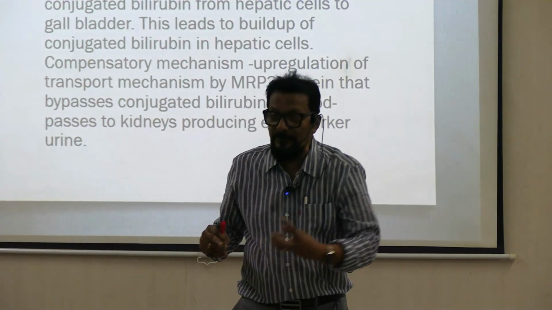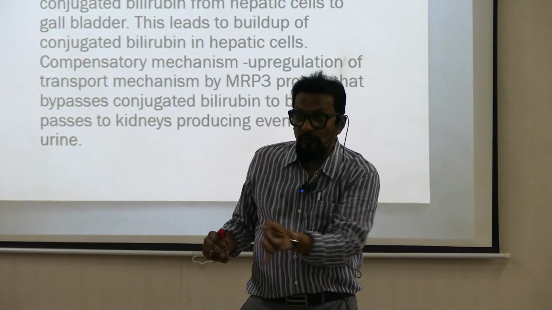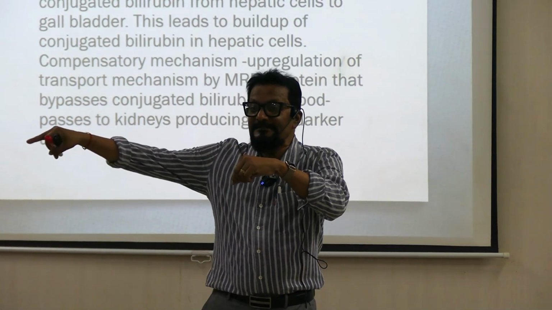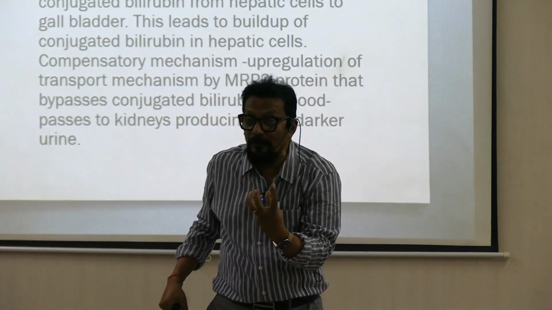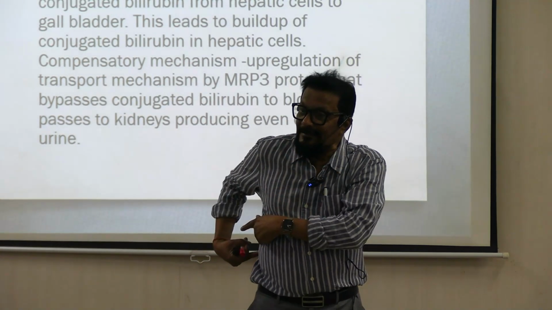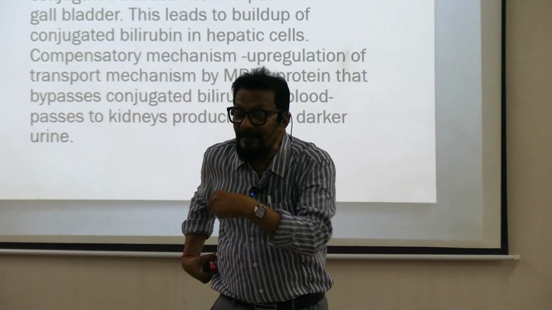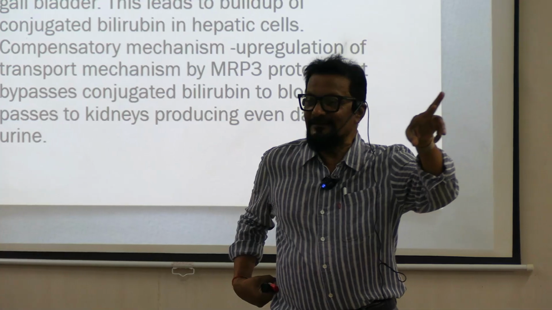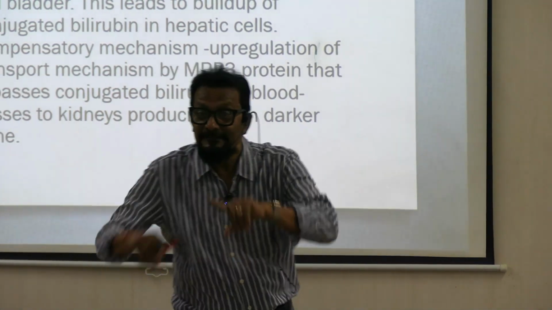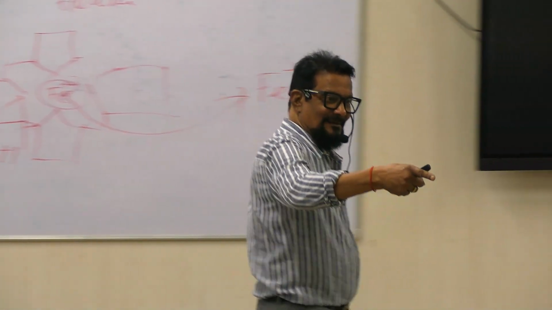Part of the urobilinogen is again absorbed into the liver through the portal system, and the liver releases it again through bile. Part of this urobilinogen will come to the kidney, and the kidney will convert it into urobilin, which is excreted through urine and gives your urine its color. So this is all about the metabolism of bilirubin.